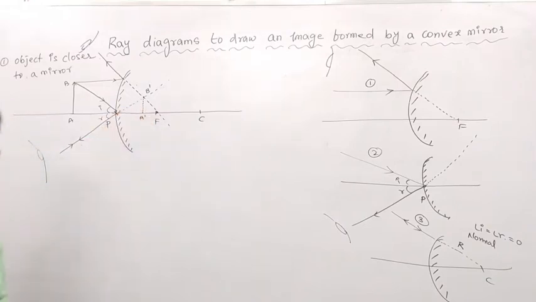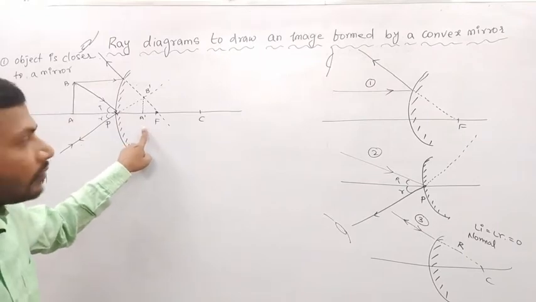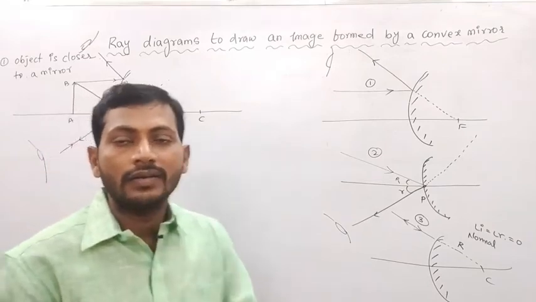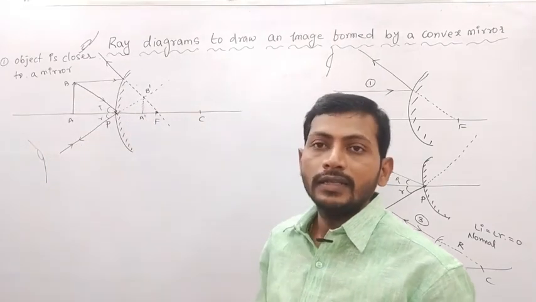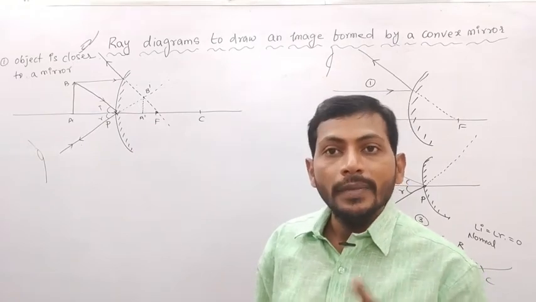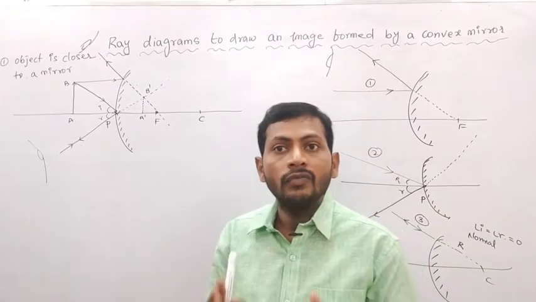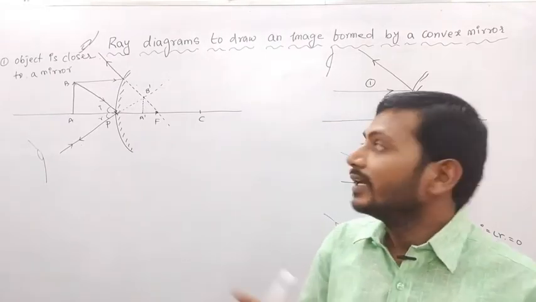So now this is the image formed by the concave mirror, A dash B dash. I hope you understood that. Here, when I draw the diagram, we got the image smaller. Second, if you observe, I drew it with a dotted line. That means the image is a virtual image, not formed by the intersection of real rays.